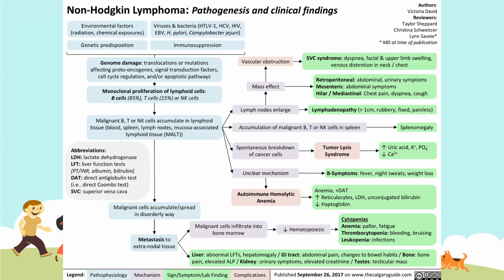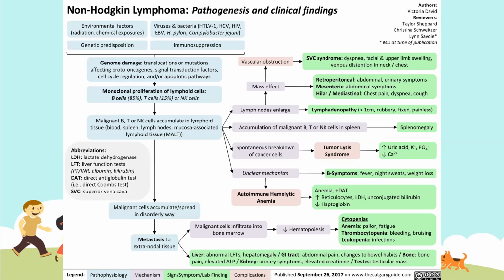these malignant cells also will undergo rapid destruction or rapid spontaneous breakdown, and then it will cause tumor lysis syndrome. This tumor lysis syndrome manifests in investigations as hyperuricemia, hyperkalemia, and hypoglycemia. And then next, the malignant cells will accumulate in a disorderly way, and also metastasize to other extranodal tissues.